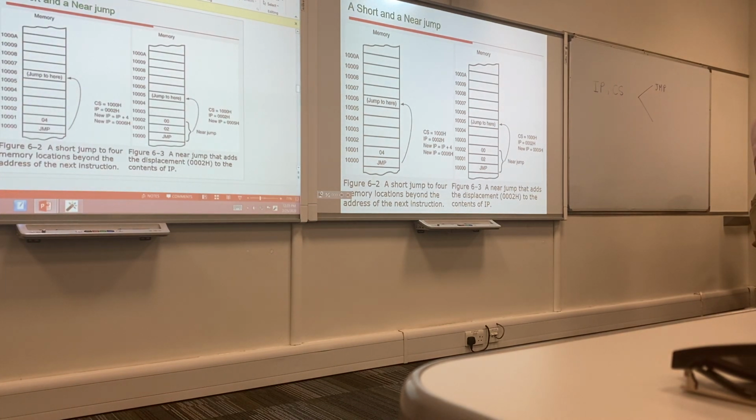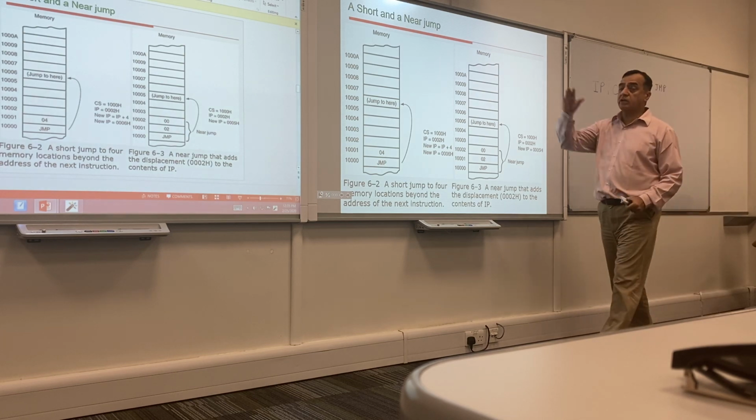More than 8 bits. So if you see more than 8 bits and within 64K, this means from byte to word, then it is near. If the size of the displacement is more than 16 bits, then it is far. So there are 3 sizes, right?